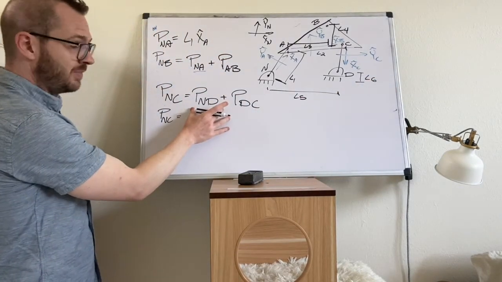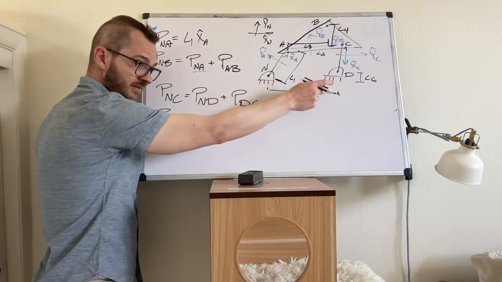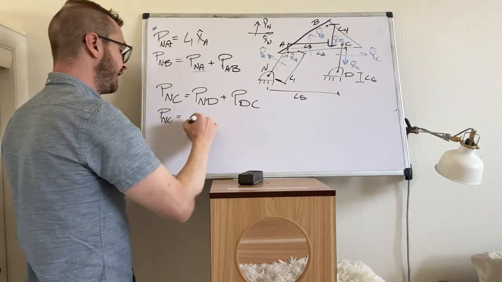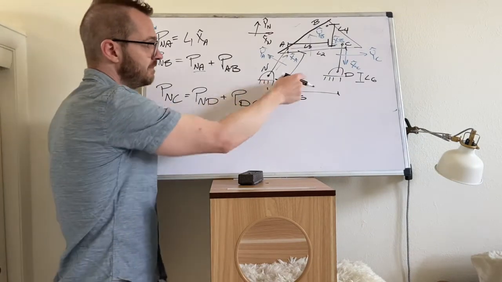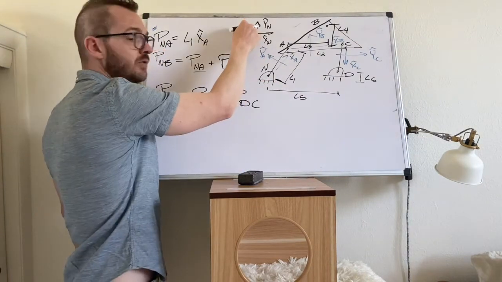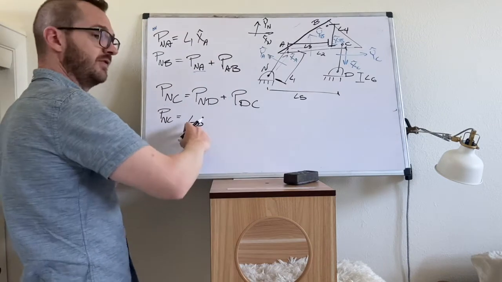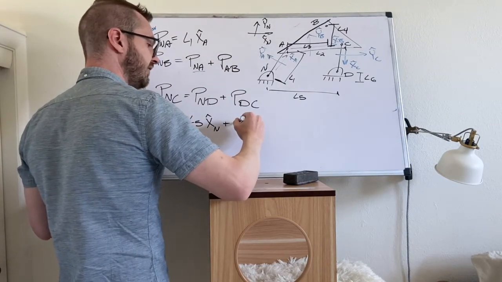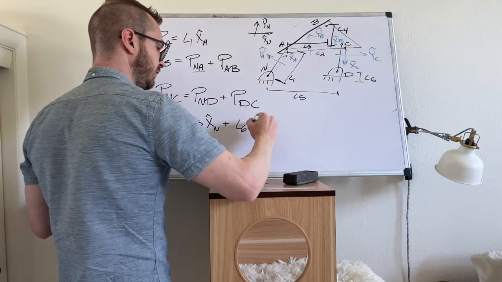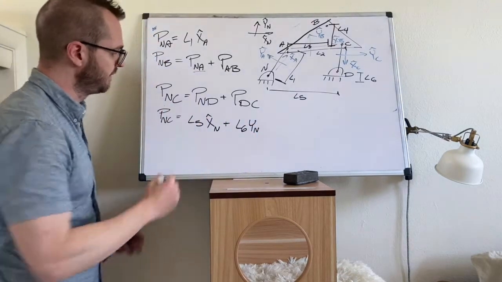So the first part of the position vector gets us from N to D. We need to go L5. In what direction? Well, these don't move, which means we can use the inertial frame. So this is L5 x_N plus L6 y_N.